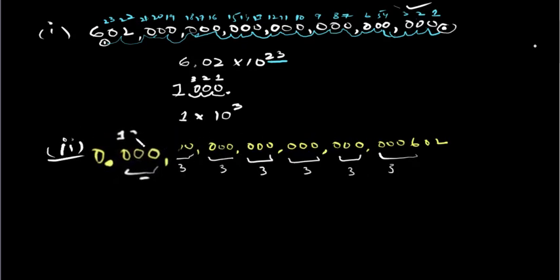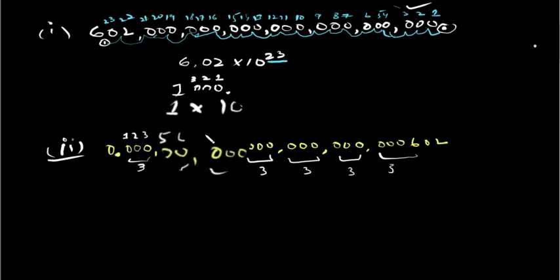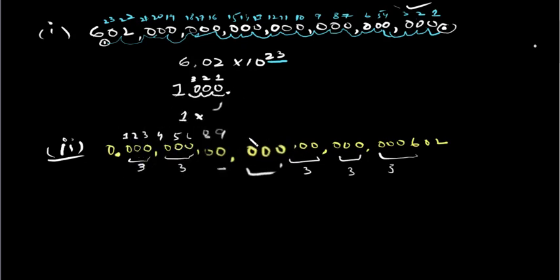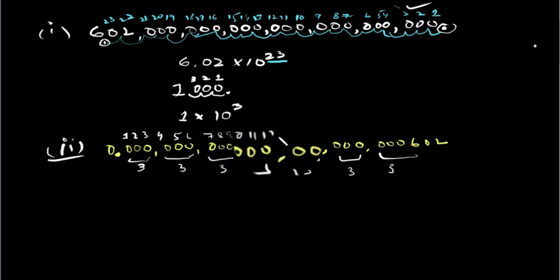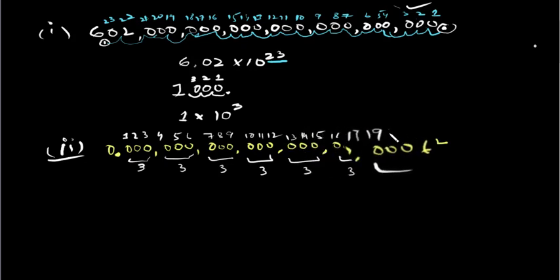So here 1, 2, 3, 4, 5, 6, and 7, 8, 9, 10, 11, 12, 13, 14, 15, then 16, 17, 18. Then I have 19, then 20, then 21, then I have 22.